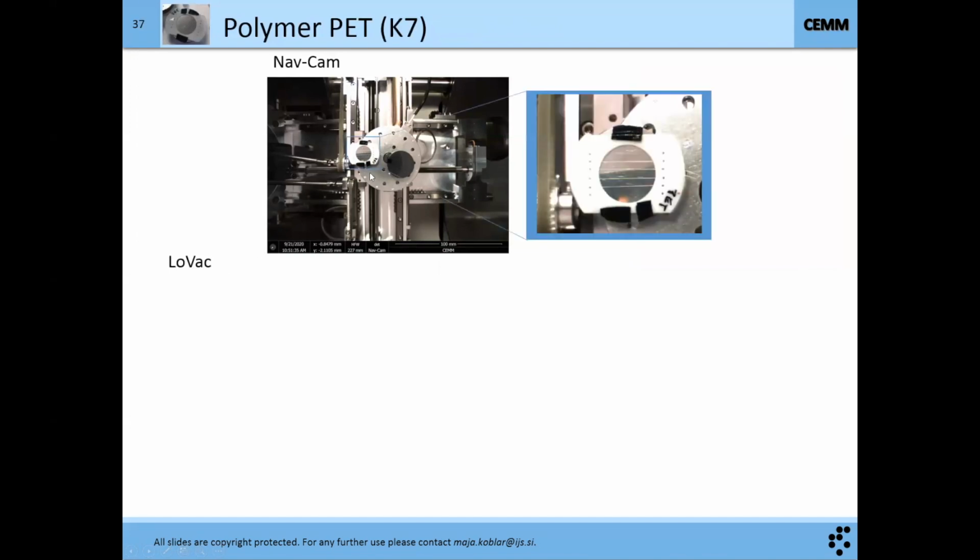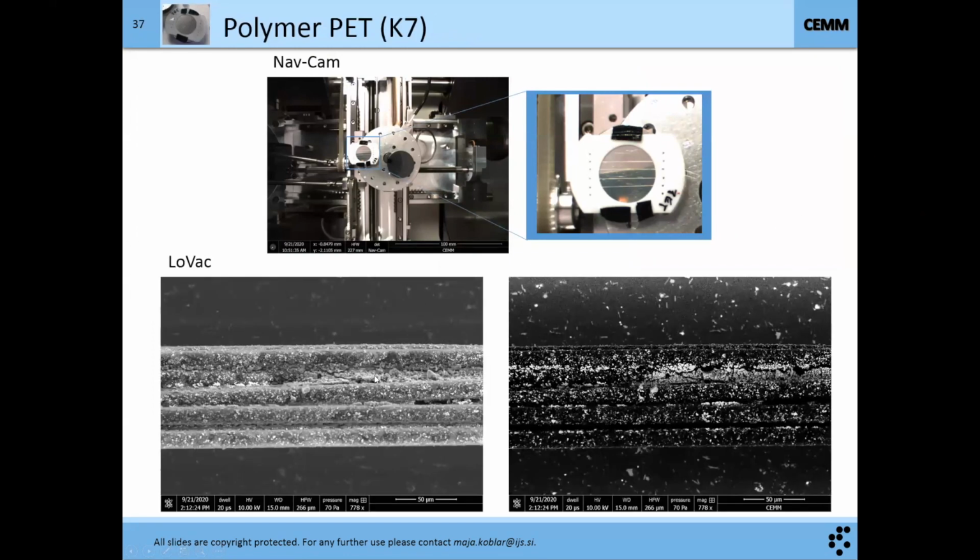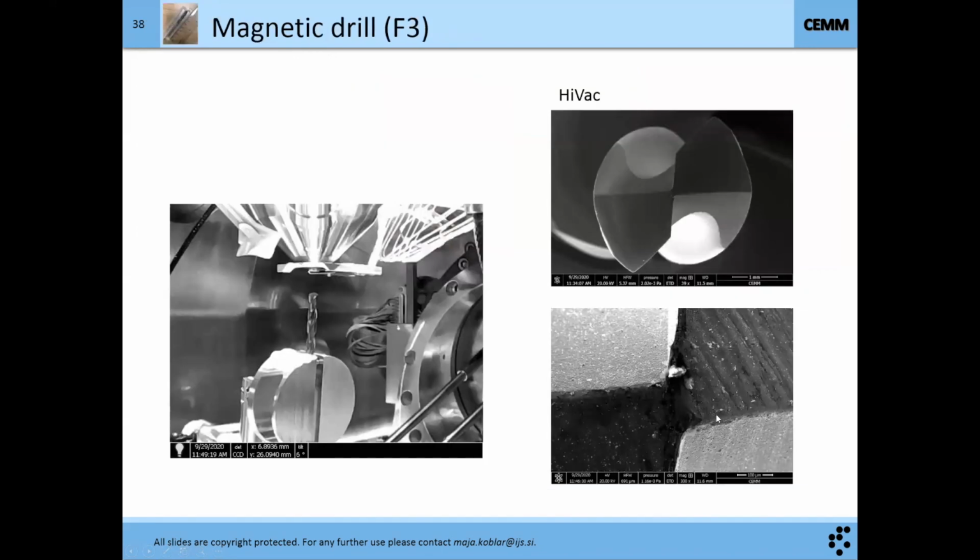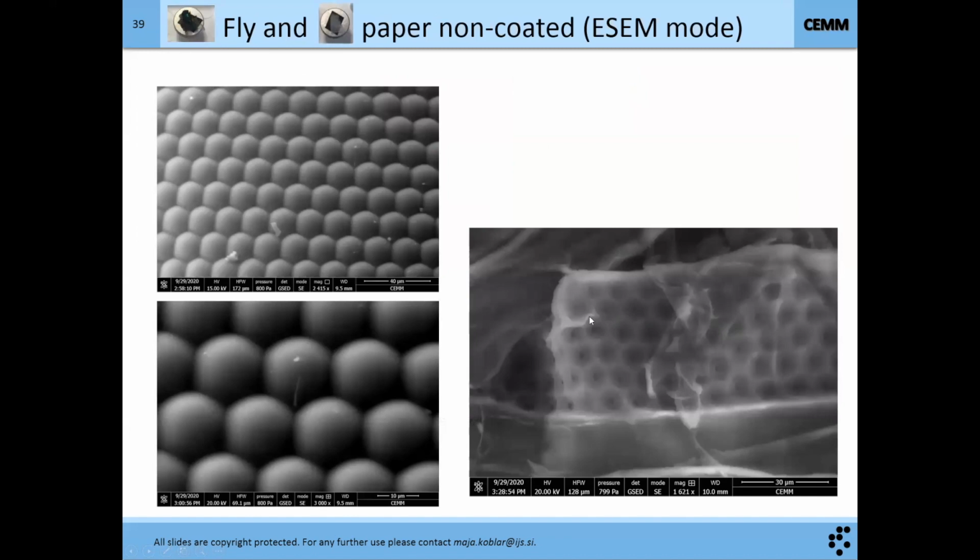It's non-conductive, and you want to use it in the low vac. This is a topographical image, and this is a compositional image. A magnetic drill, again, you can put huge samples inside the Quanta. And a fly and a piece of paper in the ESEM mode because this was wet.